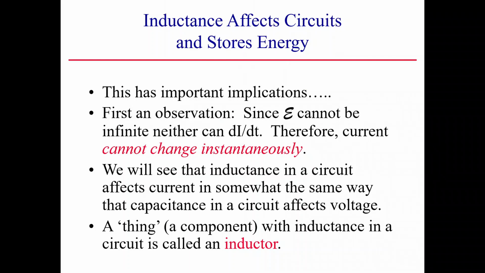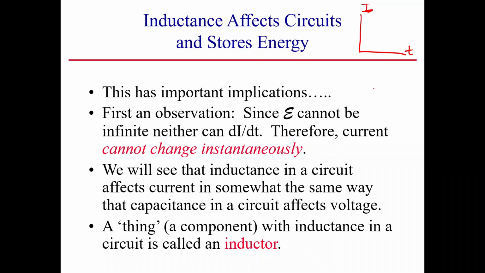All right, so what happens is that the inductors are going to change the way that current flows in the circuit. So if you were to picture current as a function of time.